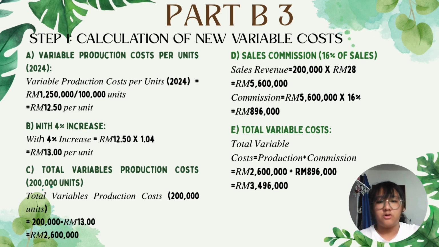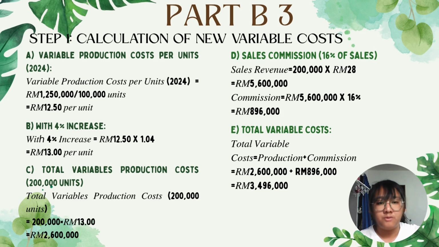The total variable production cost, which is conducted in 200,000 units, is equal to 2,600,000 ringgit. Next is the sales commission, which is 60% of sales, and we will get 5,600,000 ringgit.